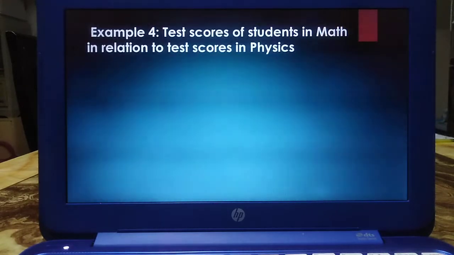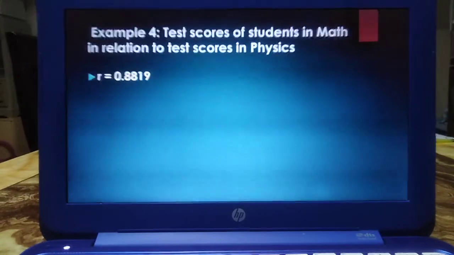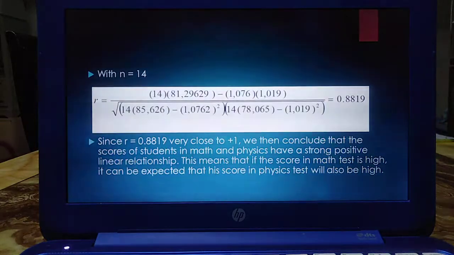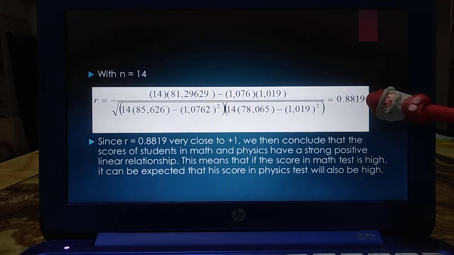So let us now test the test scores of students in math in relation to physics. That is the last example we had. Going back, this is it. So this is our computed correlation coefficient, 0.8819.